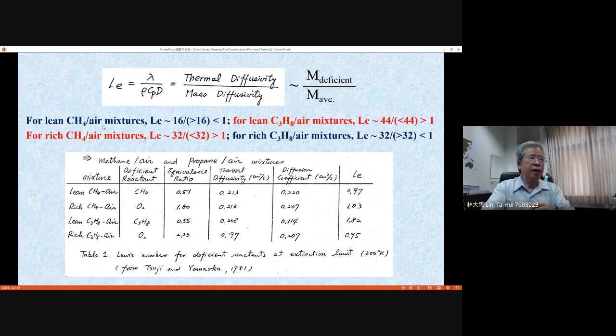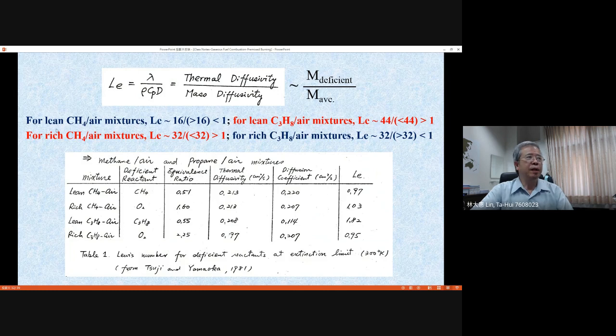When you mix them together, there is no possibility of having an average molecular weight smaller than 16. It should be larger than 16. So the value in the denominator should be larger than 16. When you compare 16 with a value larger than 16, you find the Lewis number here should be smaller than 1.